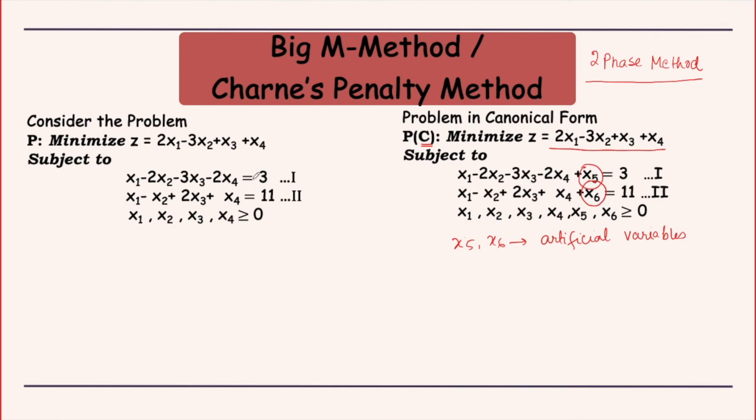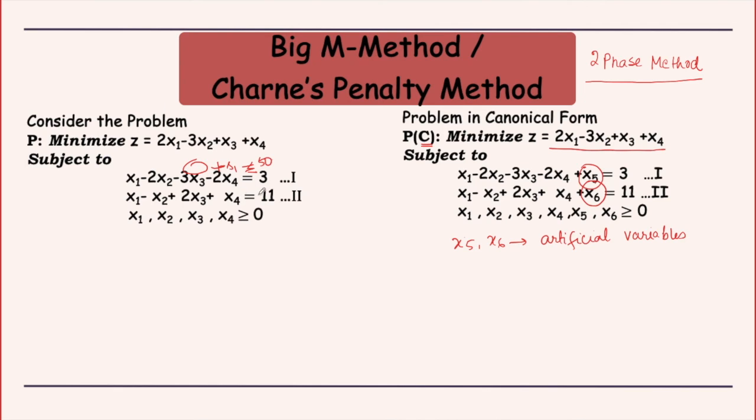Slack and surplus have a special significance. Slack tells us how much is less. If you have a less than or equal to sign in the constraint, then how much is less on the left side is given by slack. So if some expression plus slack equals some number, say 50, it means that whatever you are using here is short of 50 by a certain number, which is the slack.